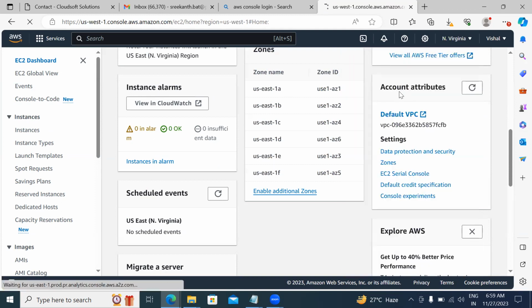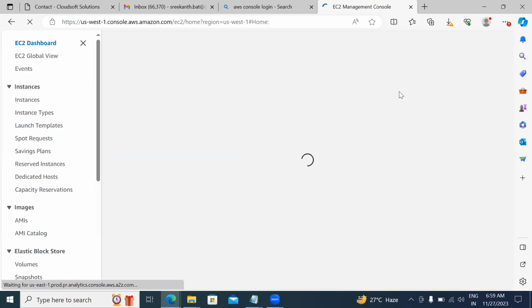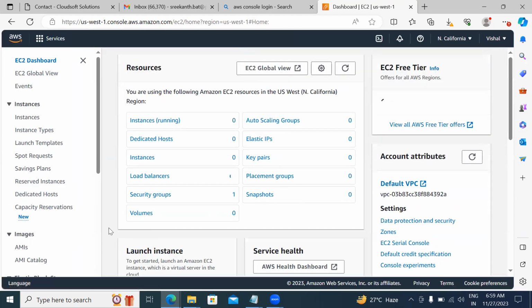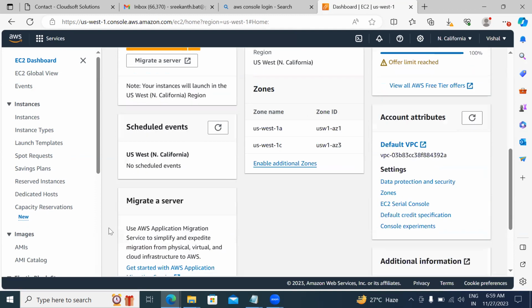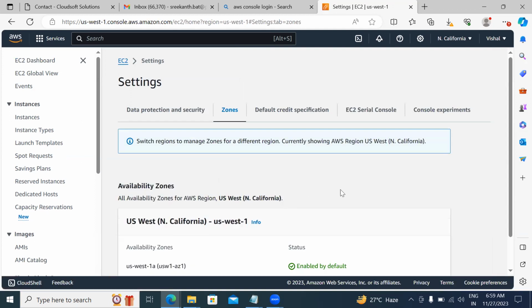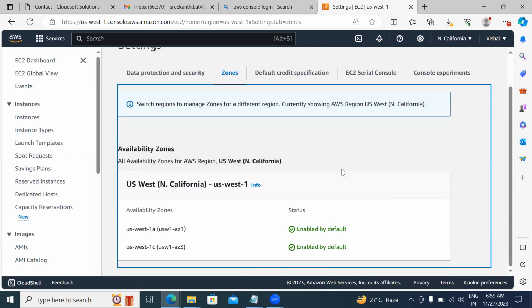So mostly they make it a baseline is 3 minimum. California, I think they are showing 2 only, right? No, we may have, but they're not enabled those. So minimum they have 3.